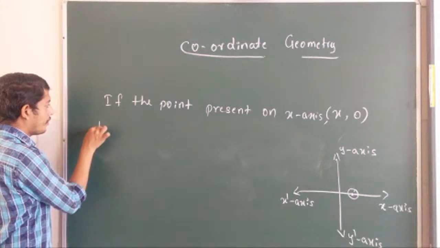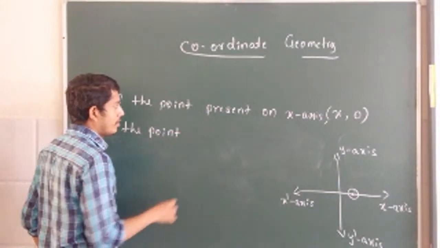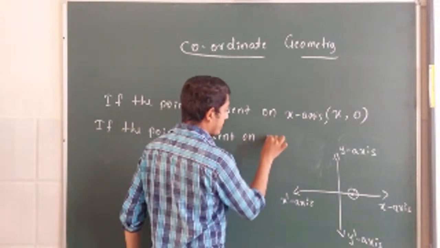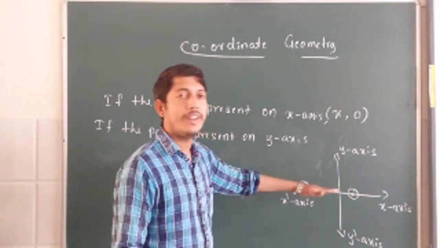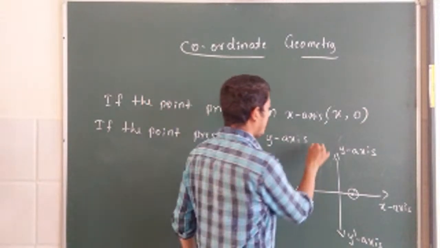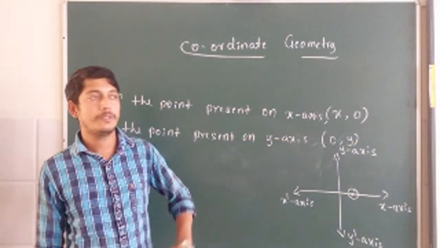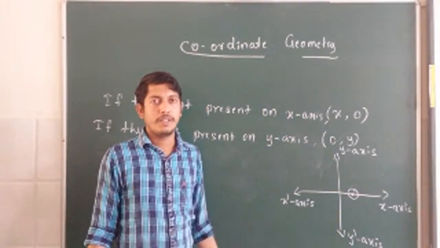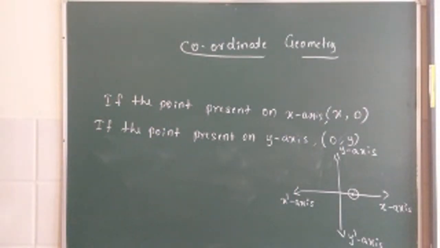In the second case, if the point is present on the y-axis, in that case we only have a y value, so the x value remains 0. So we will write the coordinates as 0, y. So if the point is present on the x-axis, we represent the coordinates as x, 0, and if the point is present on the y-axis, the coordinates are represented as 0, y.